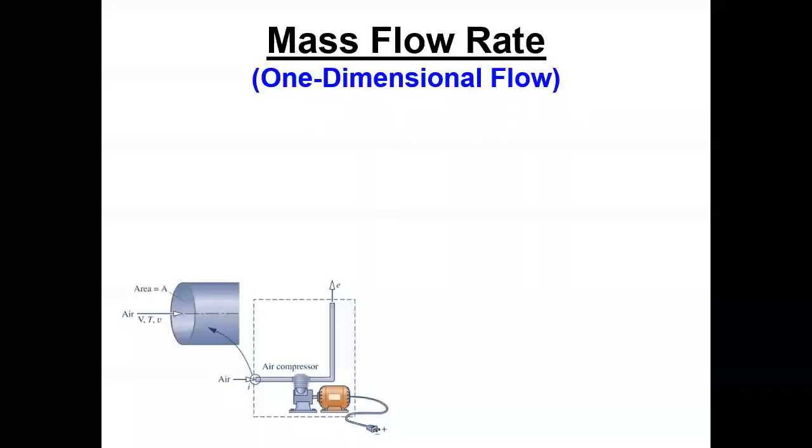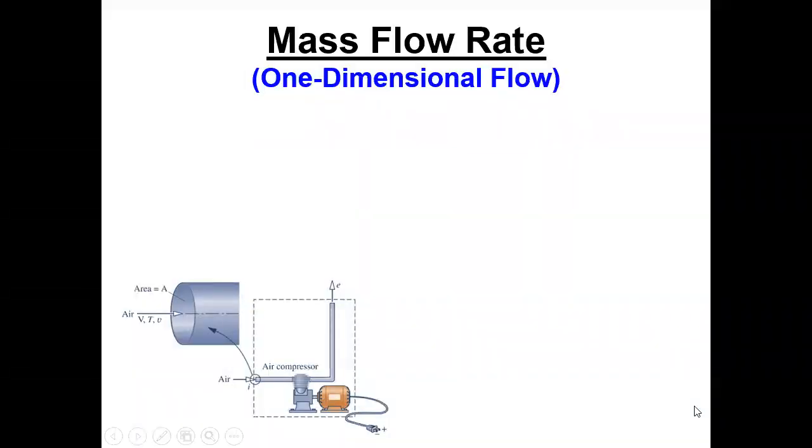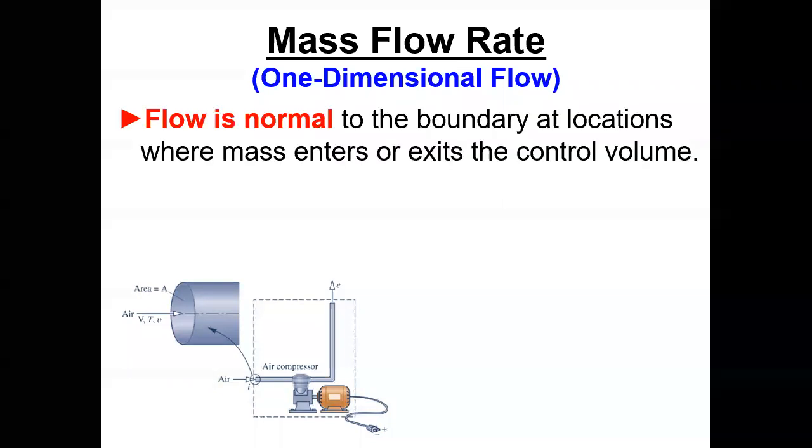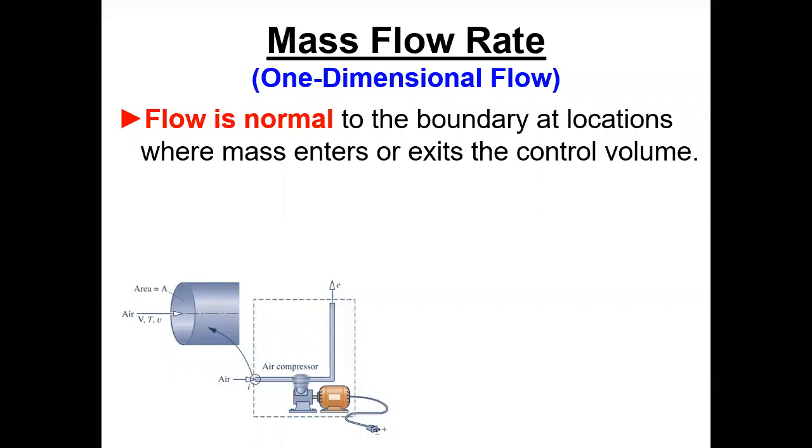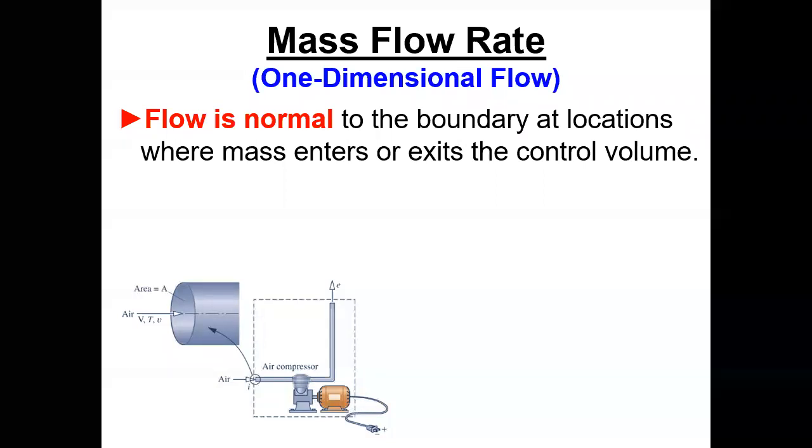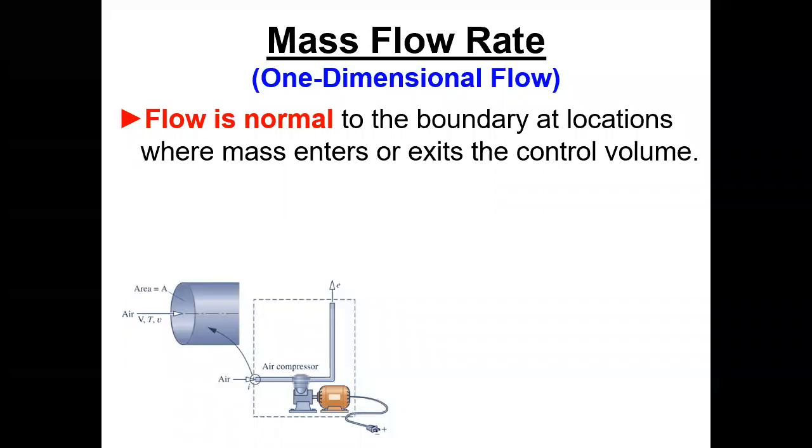This is the last slide that we went through in class last time, just talking about mass flow rate and one-dimensional flow, which has some simplifying assumptions about properties coming into and exiting a control volume. I mean, we assume that flow is normal to the boundary.